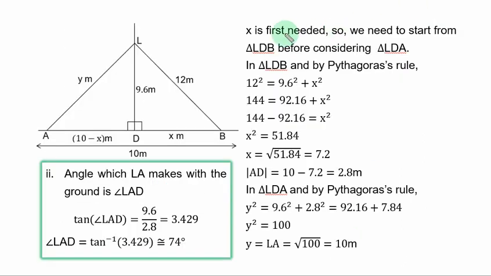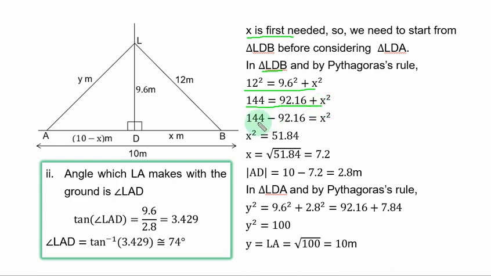From the information, S is first needed, and you have to start by considering triangle LDB. By Pythagoras rule, the square on the longest side is equal to the sum of squares on the other two sides. So you have 144 equal to 92.16 plus S squared.